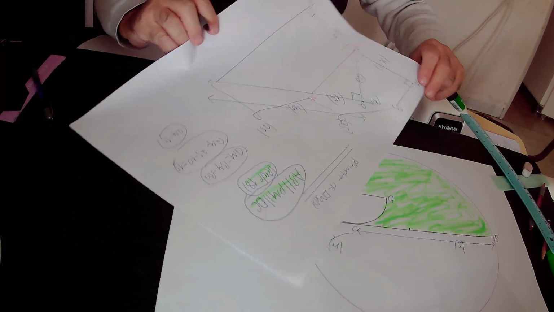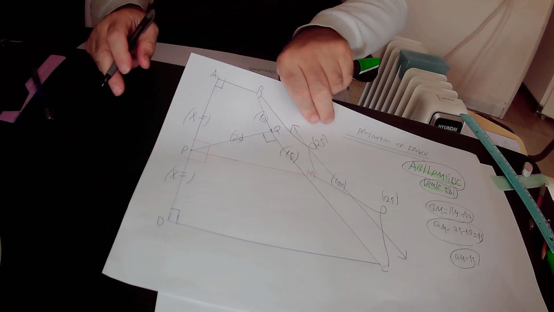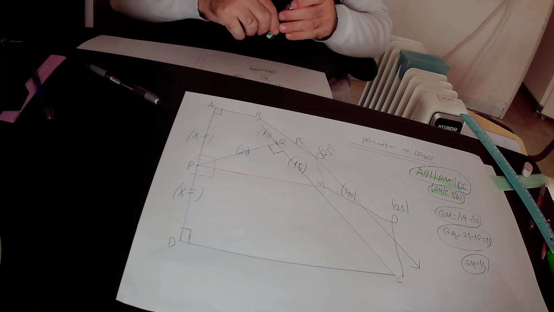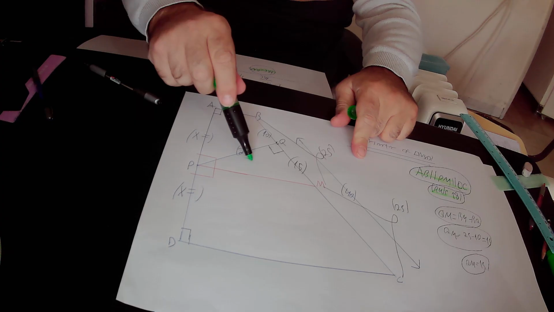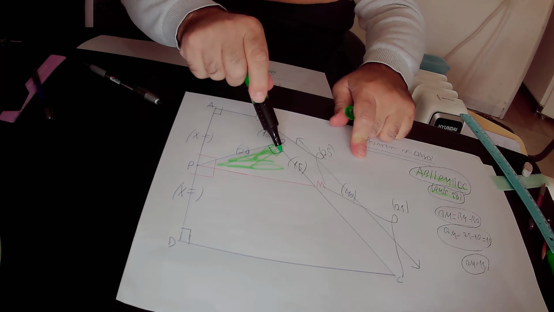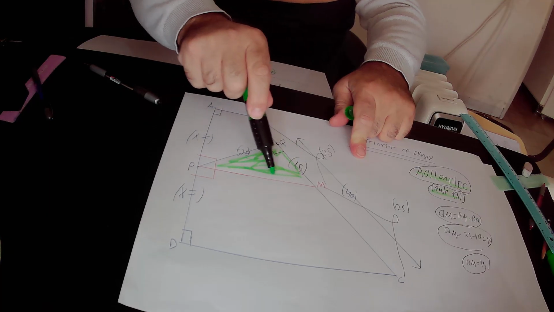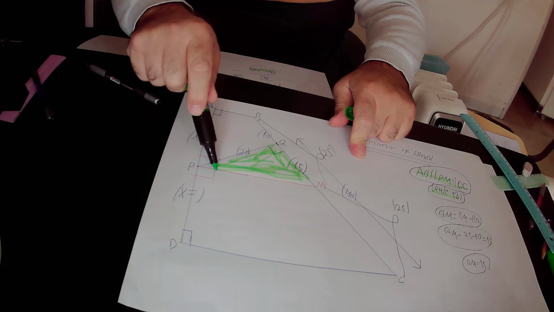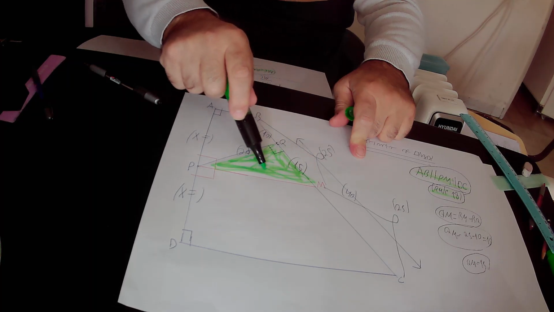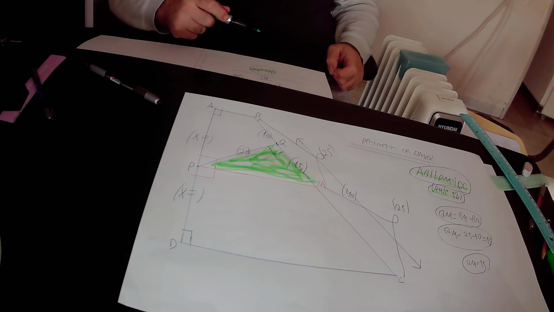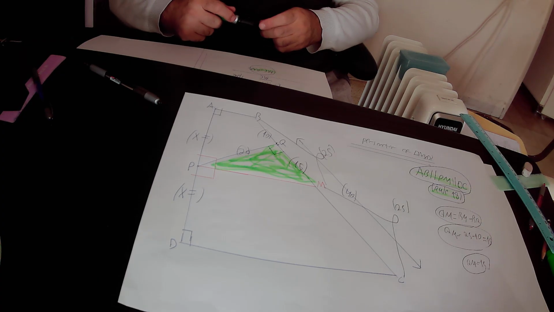In the next step, we will implement the Pythagoras theorem on this right triangle, triangle PQM. According to the Pythagoras theorem, in a right triangle, the square of the hypotenuse equals the sum of the squares of the perpendicular sides.